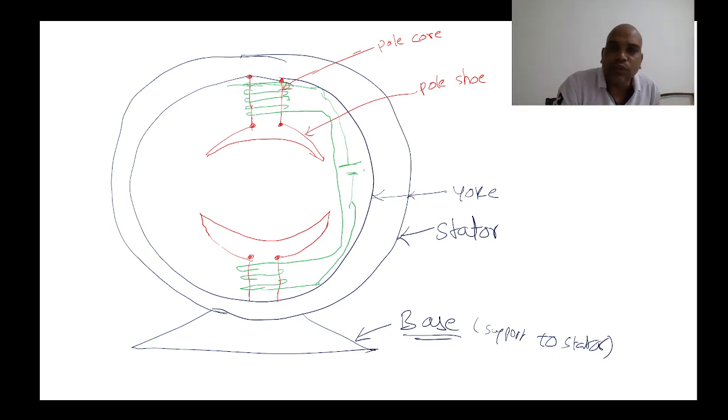Which type of supply is given to the field winding? DC supply. This is the DC supply.